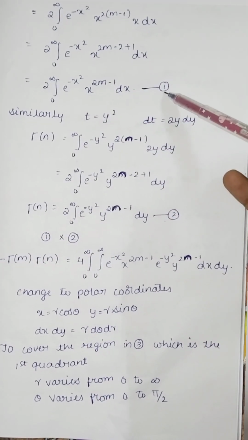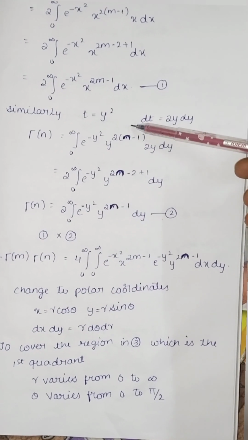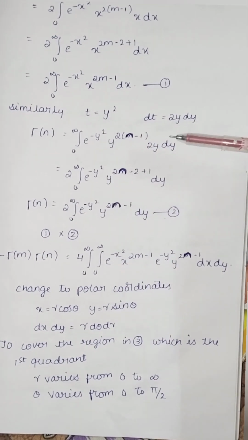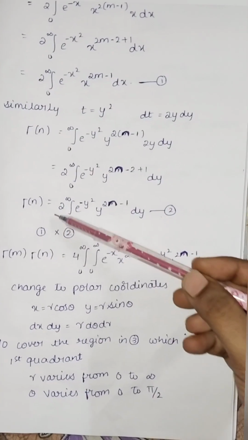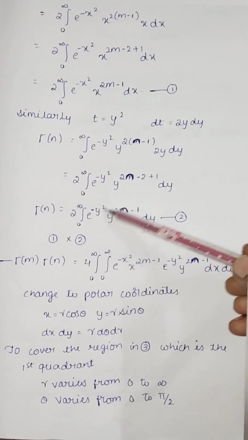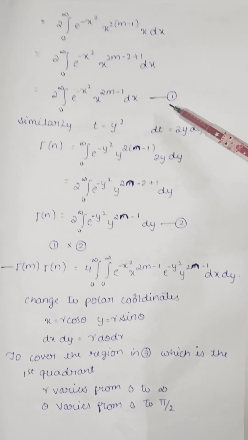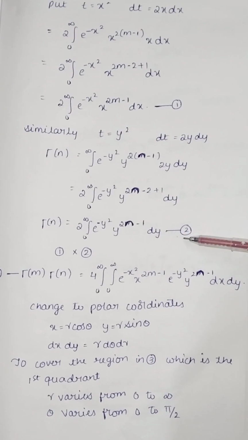And then the equation comes like this. And similarly, put t is equal to y square and the equation will be like this. Gamma of n is equal to 2 into integral 0 to infinity e to the power minus y square y to the power 2n minus 1 dy. Let this be equation 1 and this is equation 2.